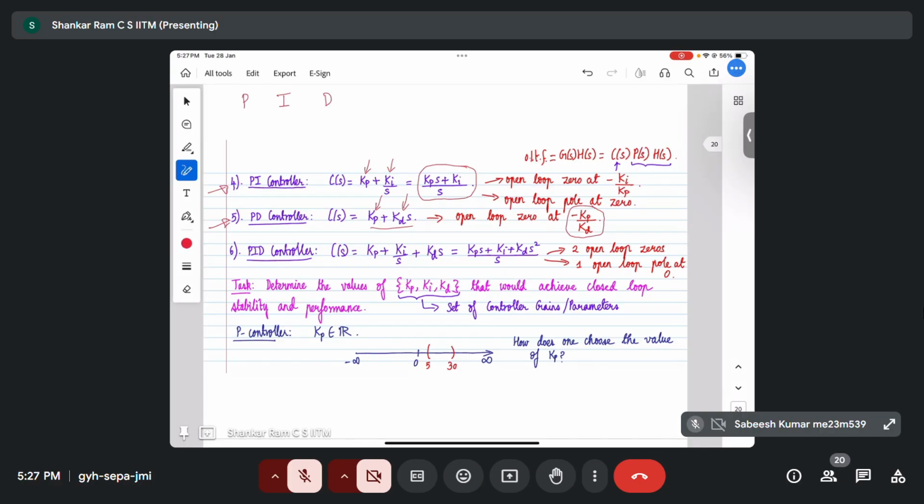Then we can have the generic controller PID, where we add P, we add I, and then we add D. If we take the LCM, we can see that the numerator polynomial is now a second order polynomial. That means there are two open loop zeros introduced, and one open loop pole introduced at the origin.